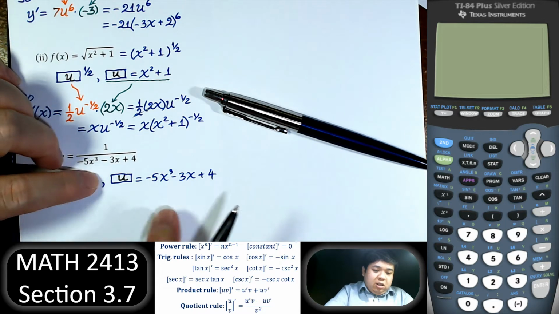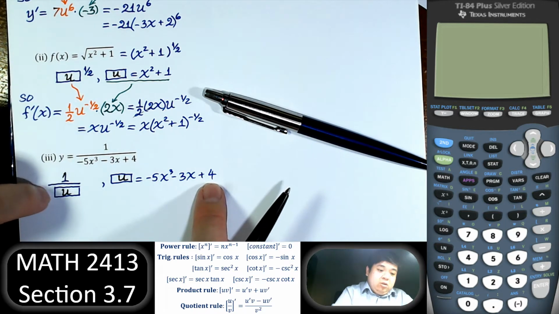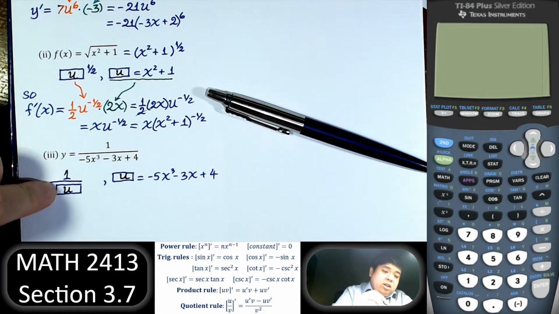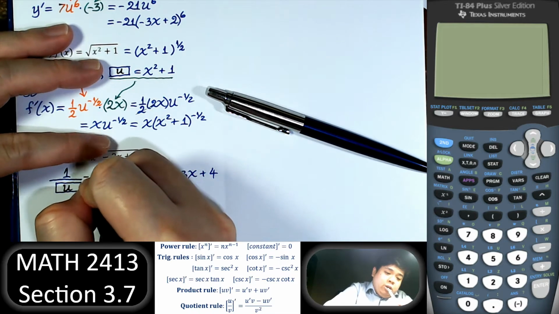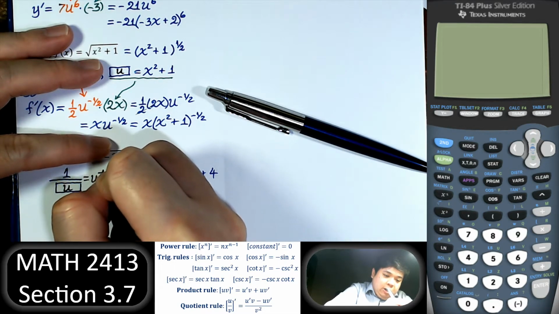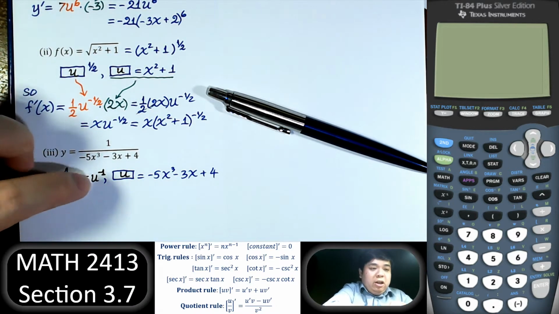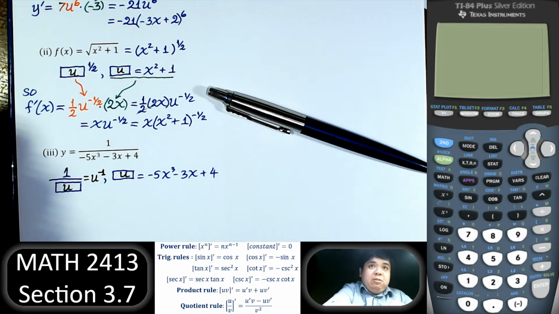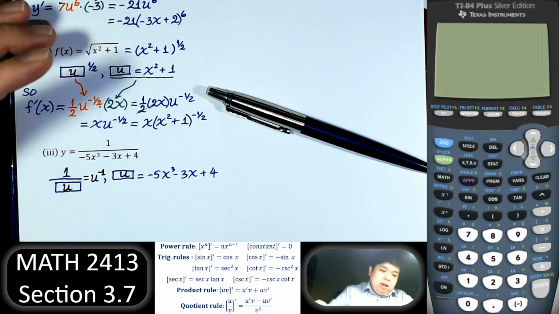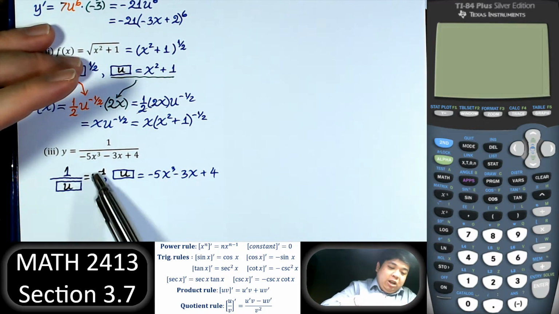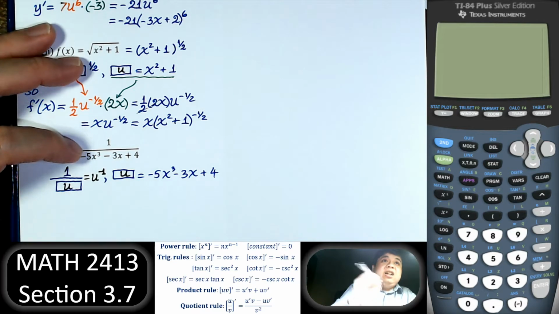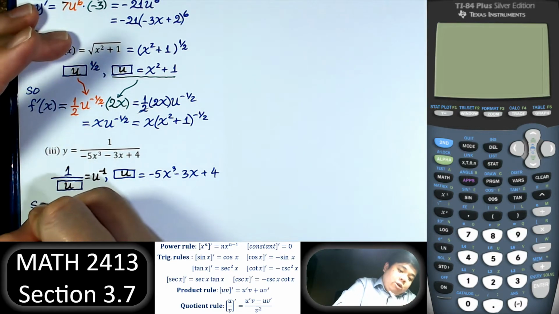Right, of course, take the derivative of that, easy. Now we just need to take the derivative of this. It would be easier if we write 1 over u as u to the negative 1. Because when we take the derivative with the power rule, that will be easier, right? And so we have the first one is u to negative 1, the second one is that. Now we use the chain rule.